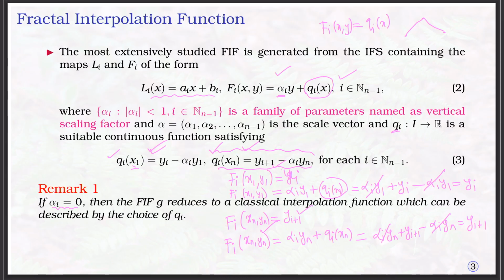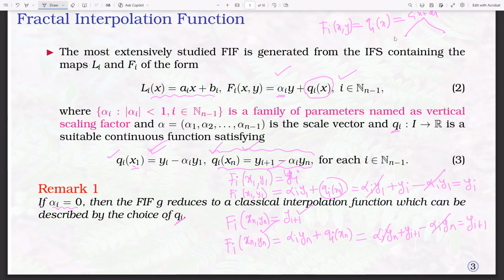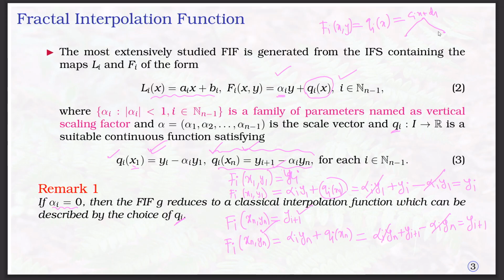So if alpha_i equals 0, then the fractal interpolation function g reduces to the classical interpolation function, which can be described by the choice of q_i. If you take q_i as a function like c_i x plus d_i, then it is just a linear function, connecting the line between two points.